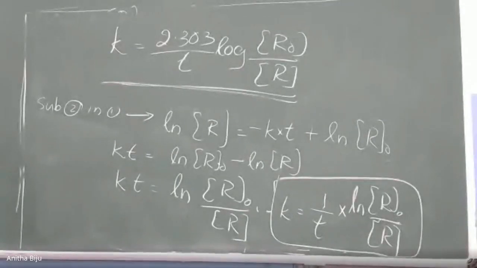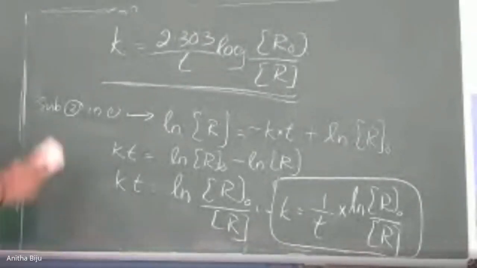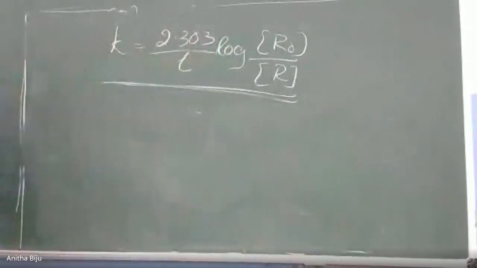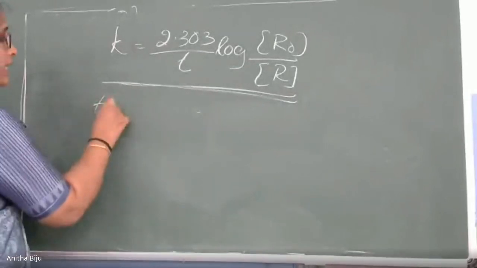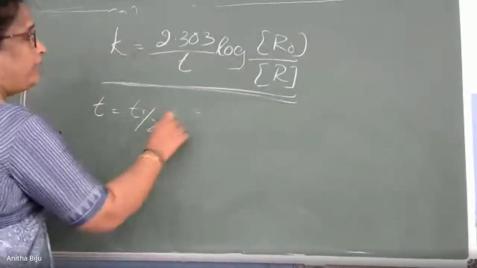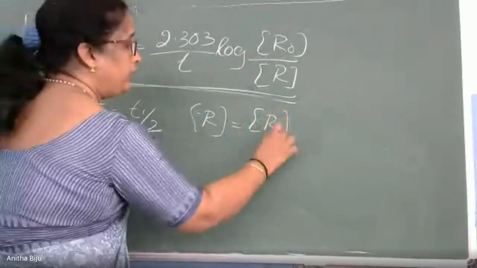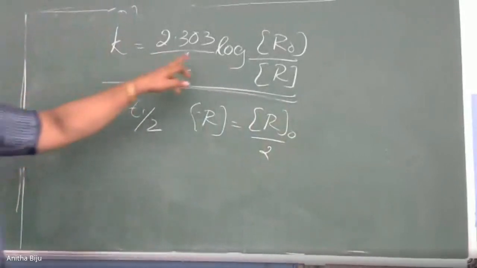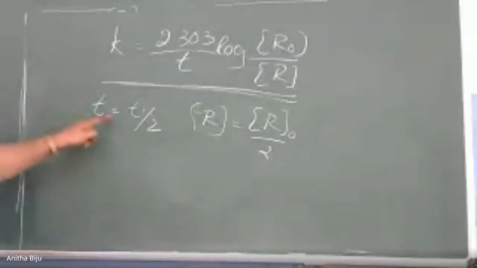Now we go to the next topic, half-life period. Half-life period of a first order reaction. How to calculate half-life period? At half-life, t is equal to t half, r equal to r naught by 2. When we put the value in this formula, we will get the value of t half.